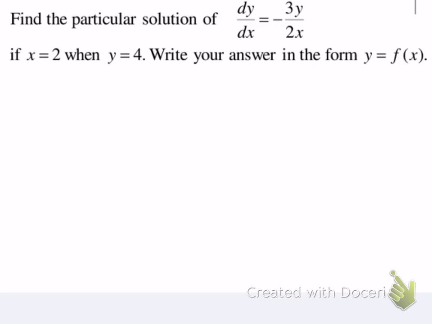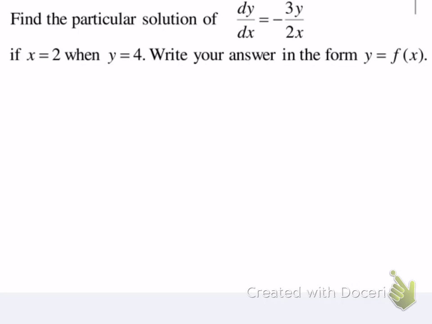I'm now going to look at our final example before you do some work. We're going to find the particular solution of dy by dx equal to minus 3y over 2x when x equals 2 and y equals 4. And again, we want to write our answer in the form y equals some function in x. So taking our question, I'm going to rearrange it.